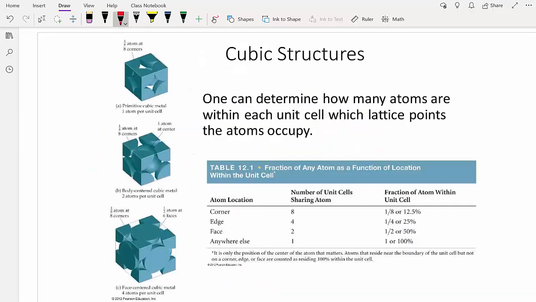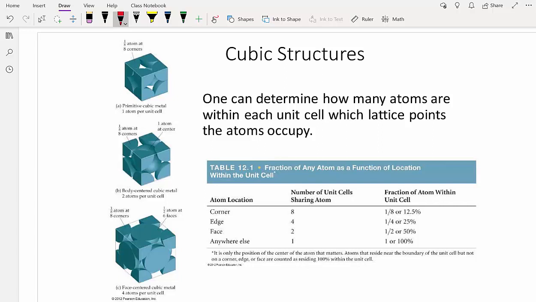Let us begin with the primitive cubic structure. In primitive cubic structure, you remember that the atoms are only in the 8 corners of a cube.